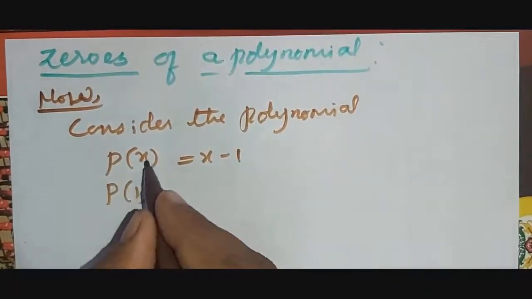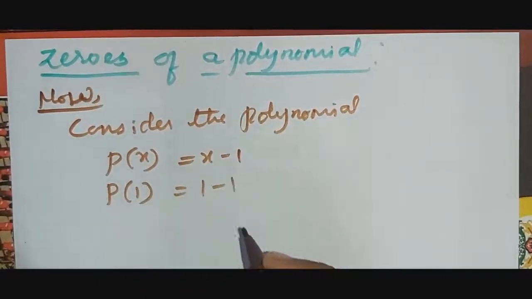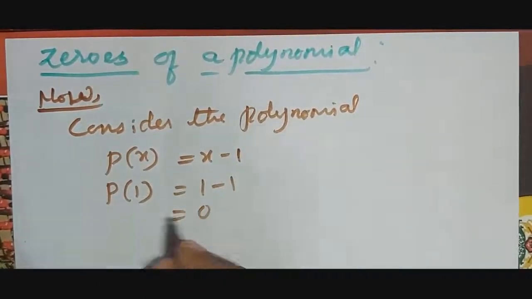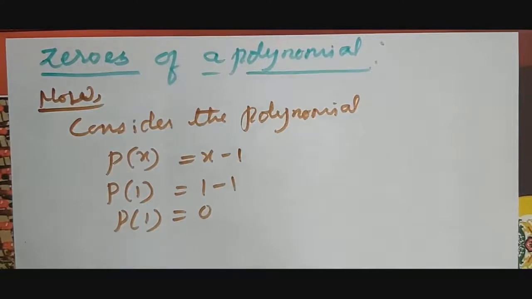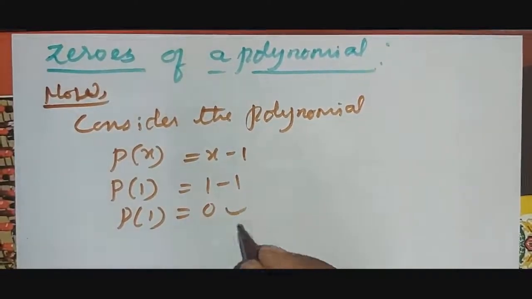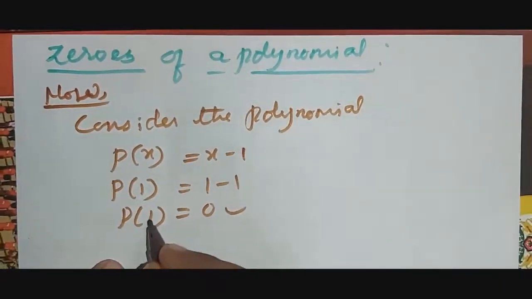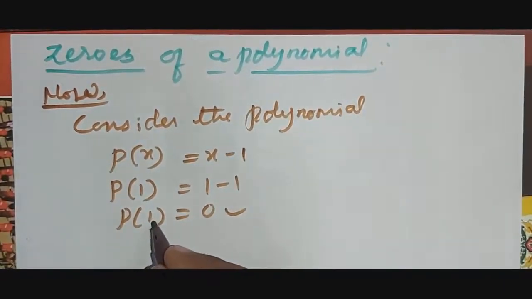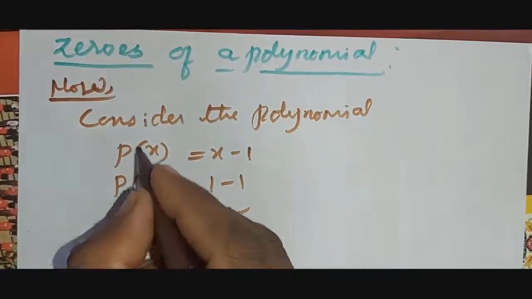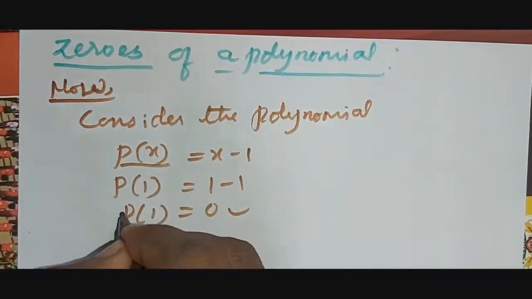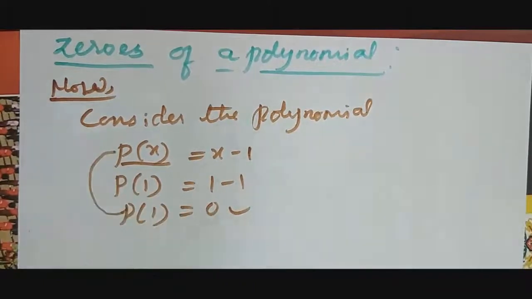Simple. If x is equal to 1, we get 1 minus 1, which is equal to 0. P of 1 is equal to 0. So, as p of 1 is equal to 0, we say that 1 is a zero of the polynomial p of x.